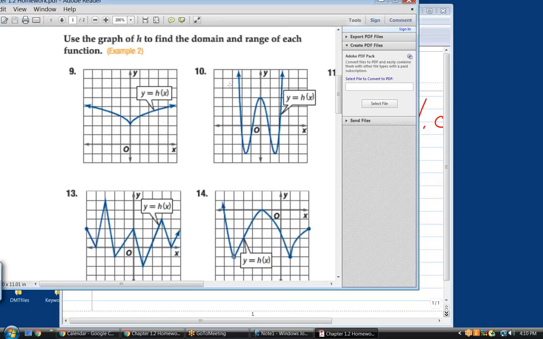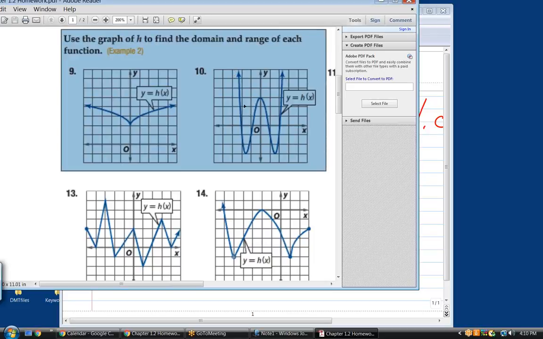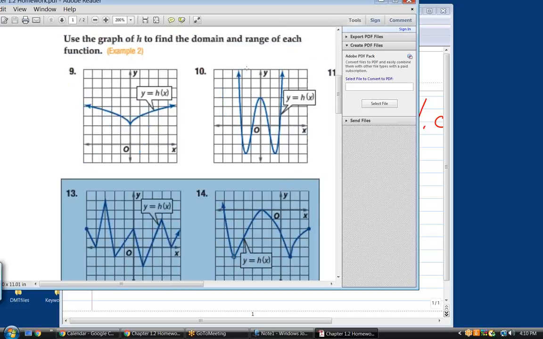And it does look like there could be a vertical asymptote there. But when we see the arrow on the end of the line, if they don't draw a vertical asymptote, it's not there. The domain is all real numbers.